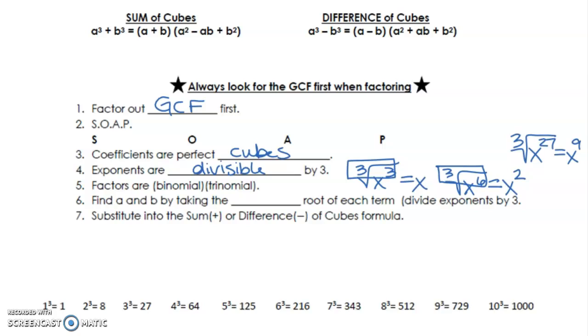So I'm going to factor into a binomial and a trinomial. And the way I'm going to do that is by cube rooting each term, meaning I'm going to divide exponents by 3. For example, I have 1,000, the perfect cube.